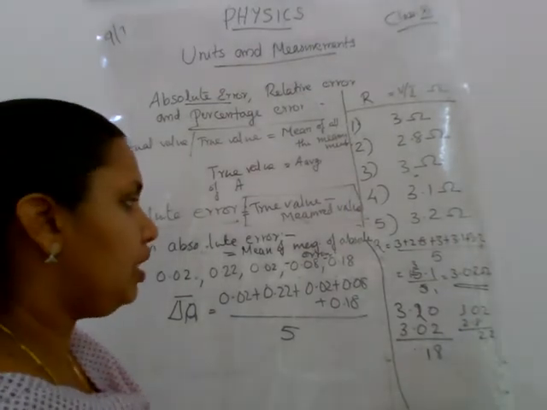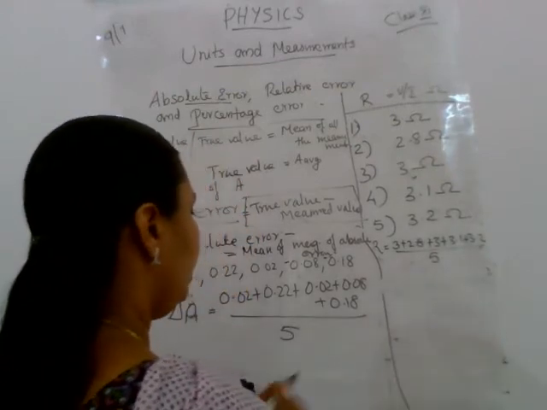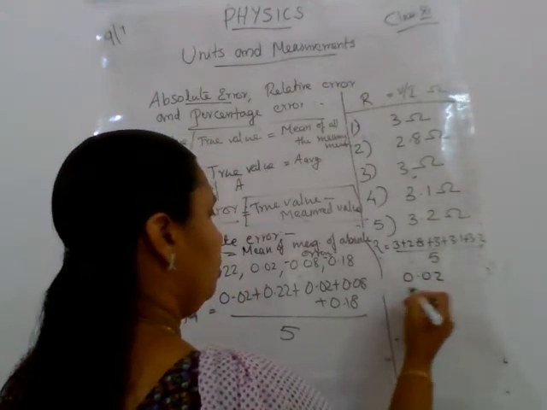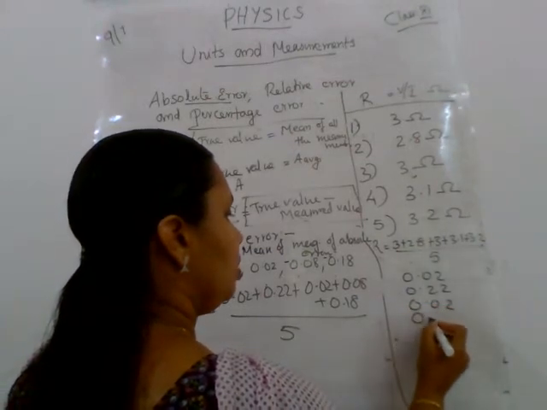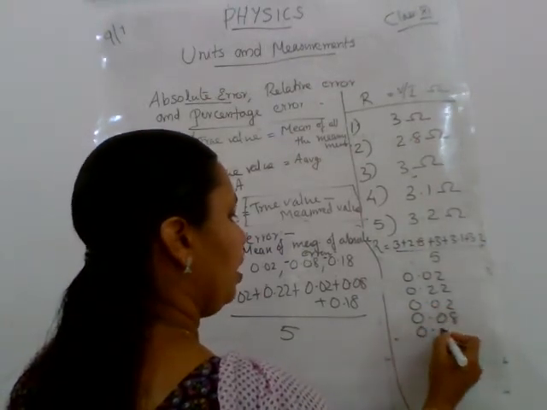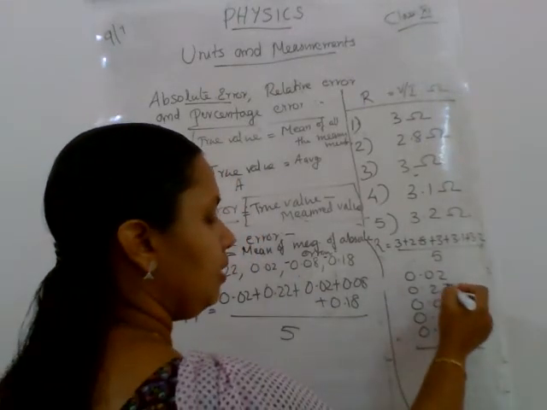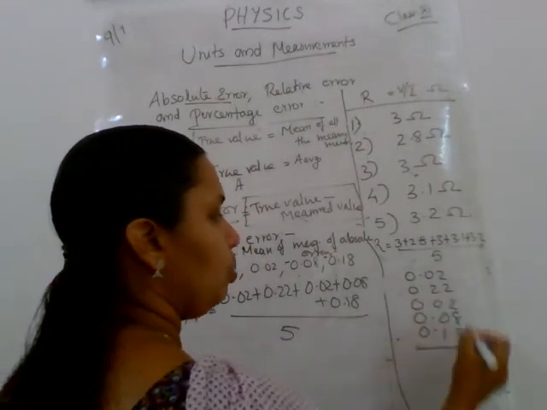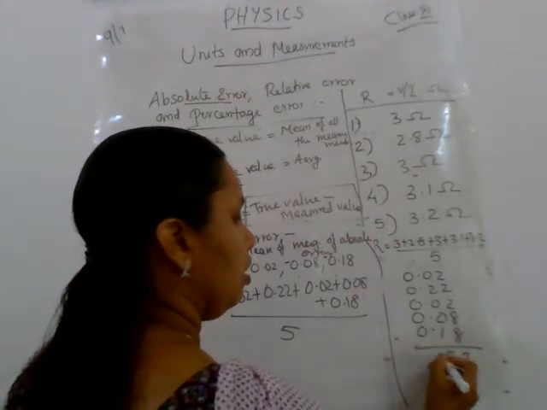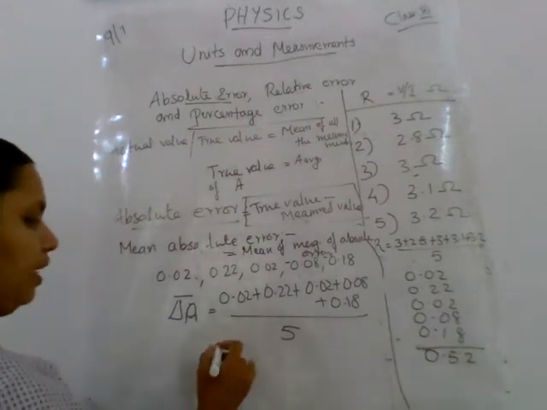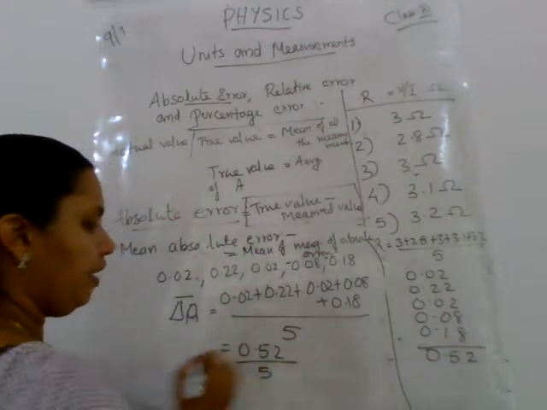Okay, so how much is it? Find out the mean value. Here it is 0.02, 0.22, again 0.02, 0.08, 0.18. So 16, 18, 20, 22, 2 remaining. So it is 0.52 divided by 5.